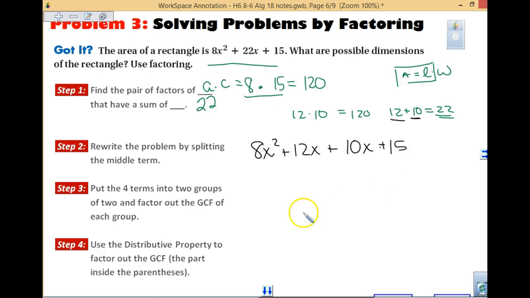All right. Caden, you ready? Okay. Greatest common factor, right? We got our 4 terms, greatest common factor. 4x, leaving us with what? 2x plus 3.